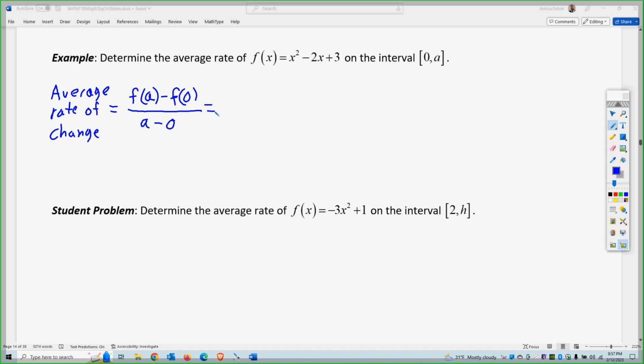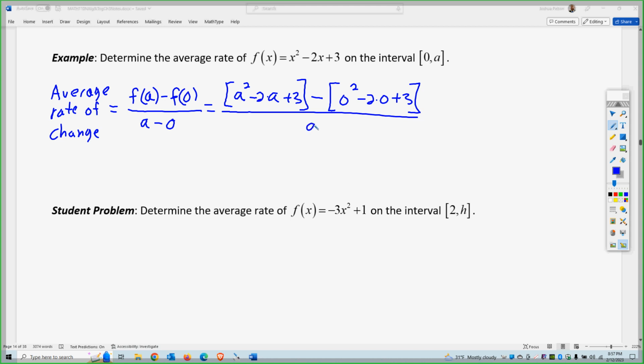Okay, so we have a squared minus 2 times a plus 3 minus 0 squared minus 2 times 0 plus 3, all over a, right? Because it's just 0. All right, so if we simplify this out, what we get is a squared minus 2a plus 3 minus 3 all over a, right?